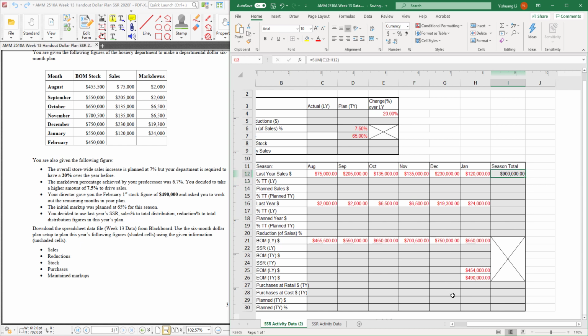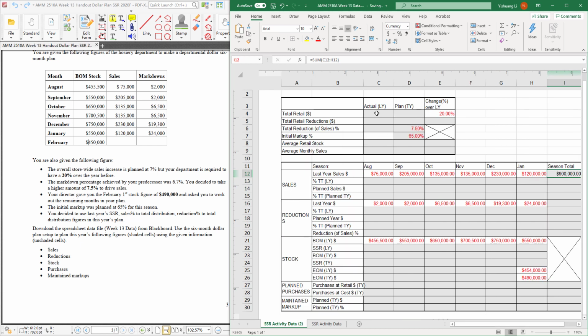And we can use this number to fill in the table here. Last year's actual sales equals to the seasonal total here. And the distribution, so we do have percentage rows here. And this percentage is monthly percentage to the seasonal total.